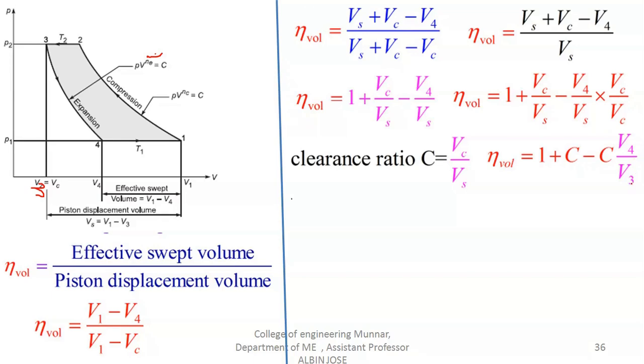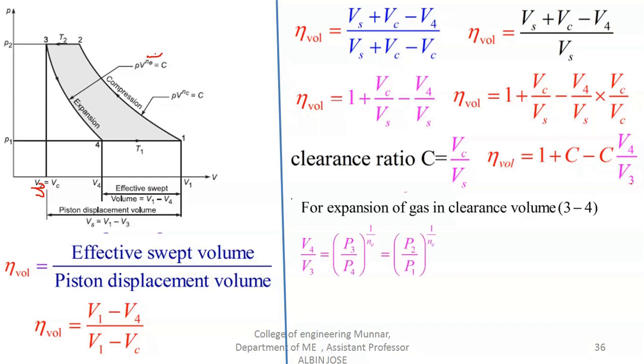Now we consider the re-expansion process 3 to 4, which is a polytropic process with the polytropic index Ne. For the expansion of the gas in the clearance volume, process 3 to 4, we know that the ratio of volumes V4 by V3 is equal to P3 by P4 all raised to 1 by Ne, where Ne is the polytropic index of expansion.